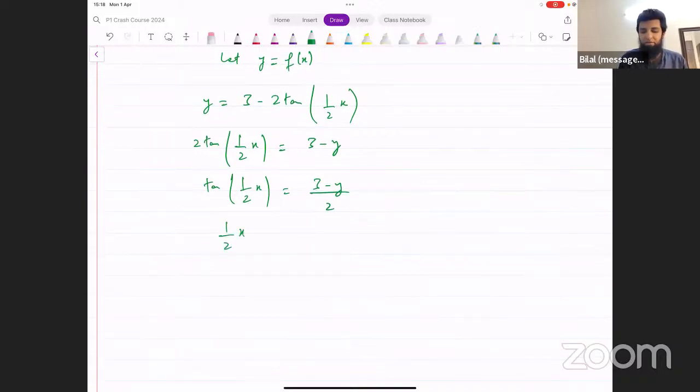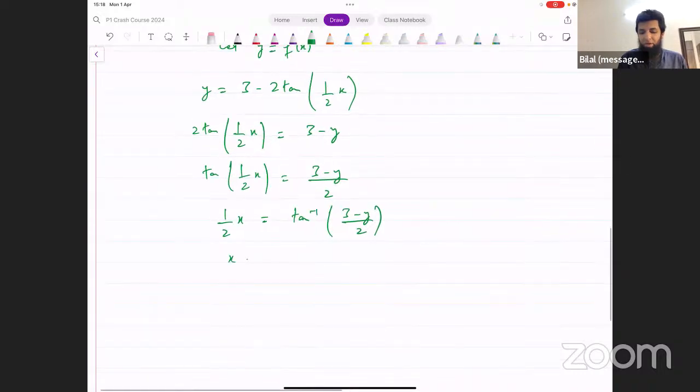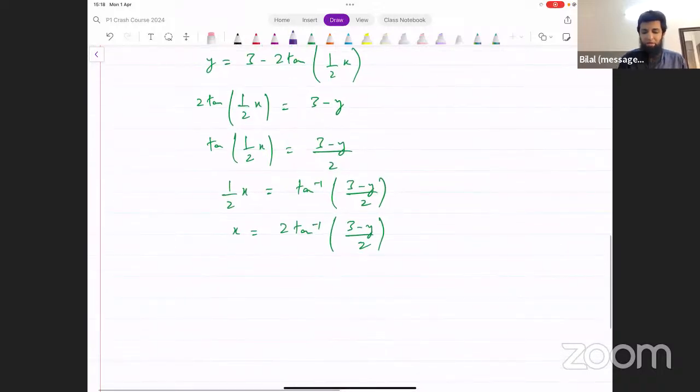That gives you half x equals tan inverse of 3 minus y over 2. When you multiply 2 on the other side, it becomes 2 tan inverse of 3 minus y divided by 2. And finally, you can write down the final result, the inverse function, in f inverse of x form. F inverse of x equals 2 tan inverse of 3 minus x divided by 2.